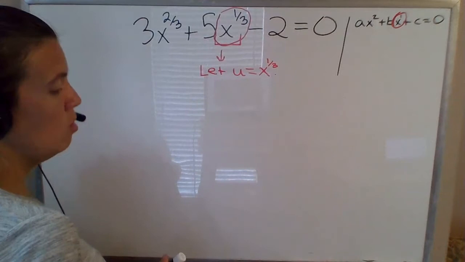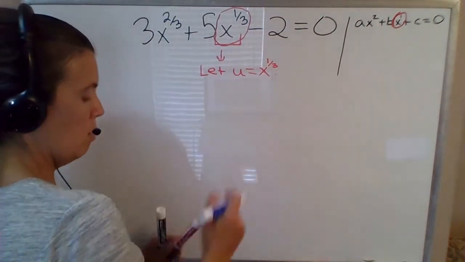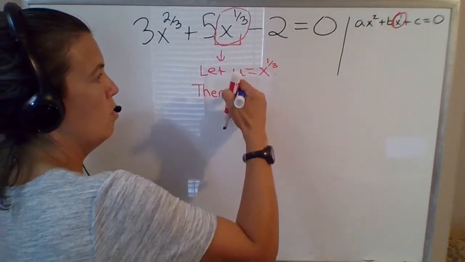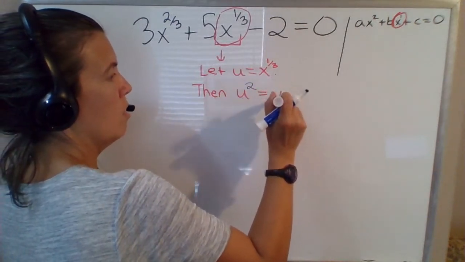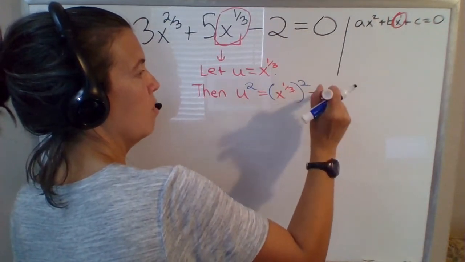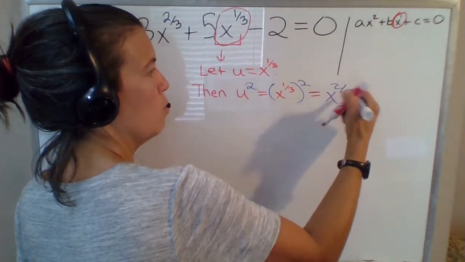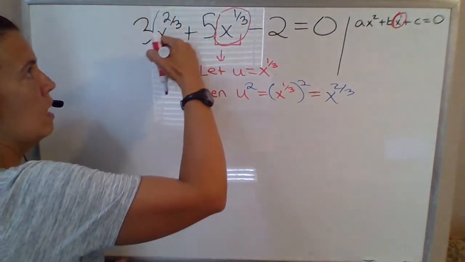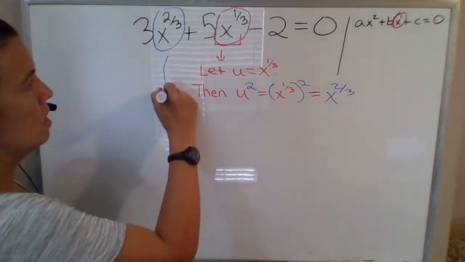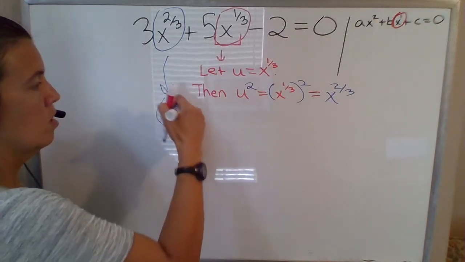Well, something to notice then is that u squared would equal x to the 1/3 squared. That's where you get double that exponent. So this is x to the 2/3, 2 times 1/3. So this right here can be written as x to the 1/3 squared, right?